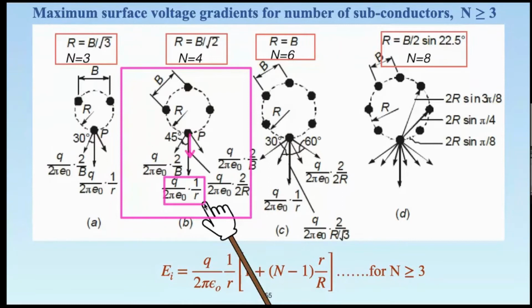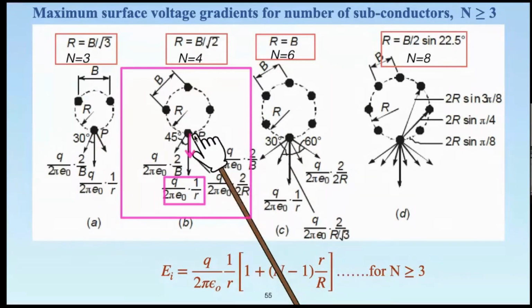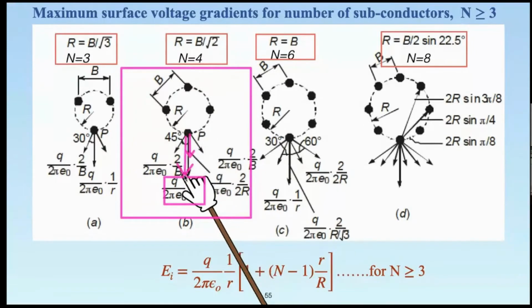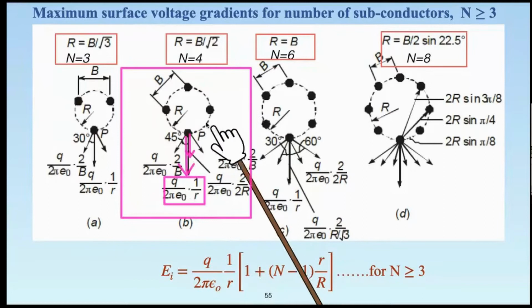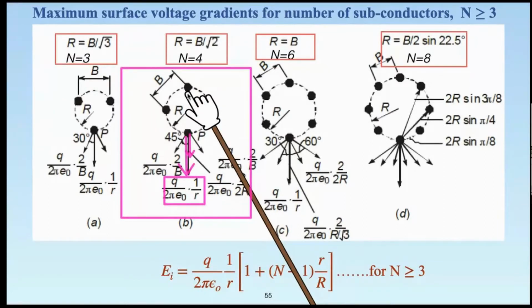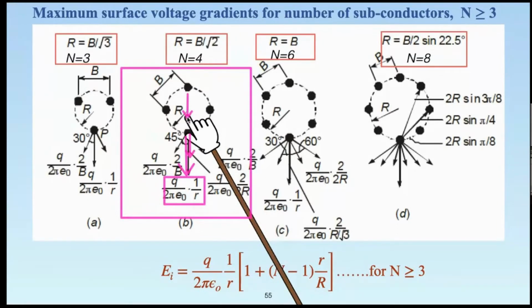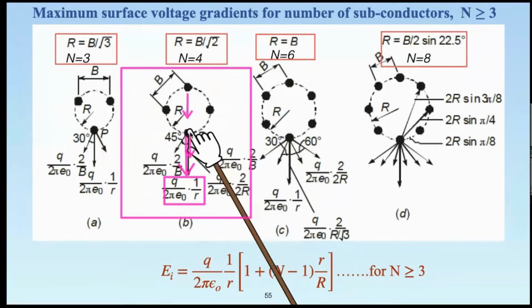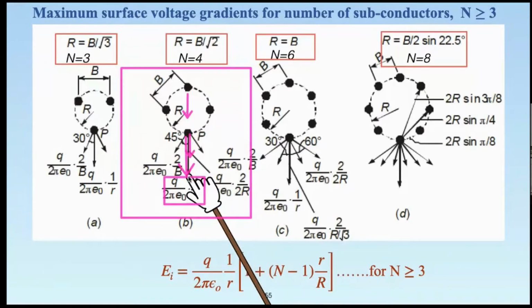Then the next component can be drawn here, just overlapping this one, like this. You can always see that next component is because of this conductor in line with the bottom conductor. So this conductor will induce an electric field, and this I have shown with a larger arrow.